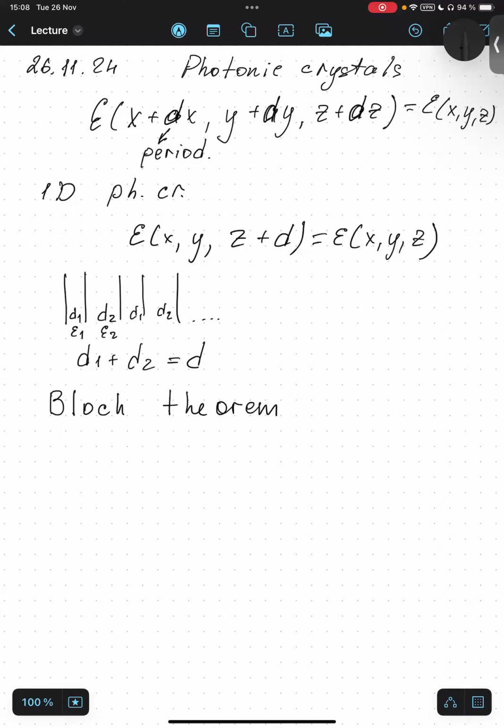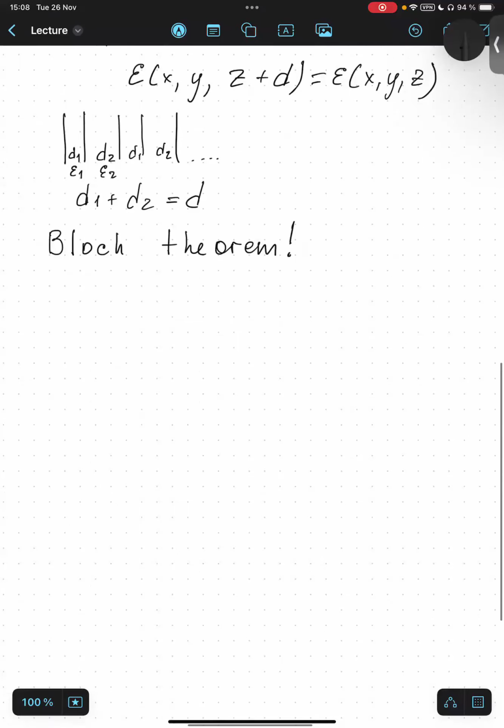This is very important in such systems. Of course, some of you remember that it is related to periodicity, Bloch vectors, and so on.